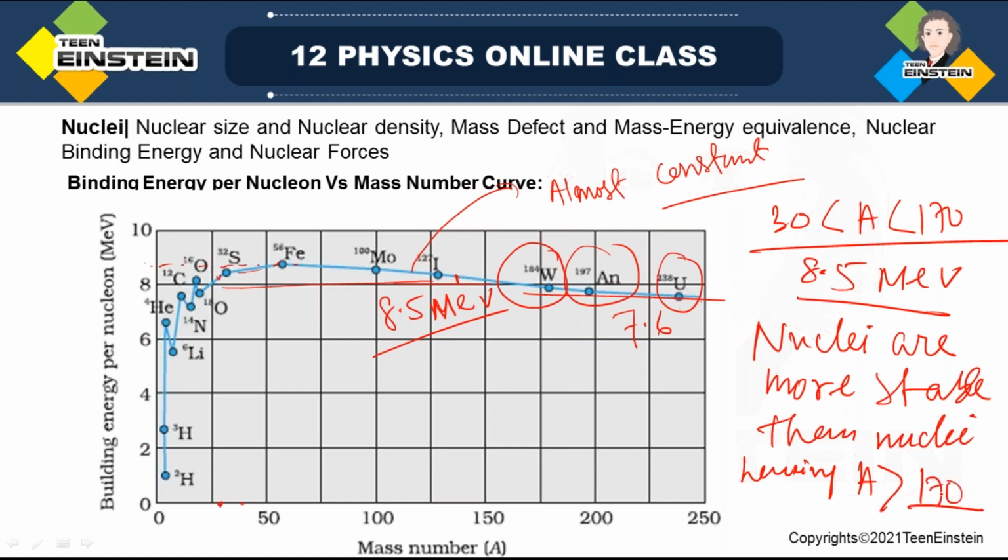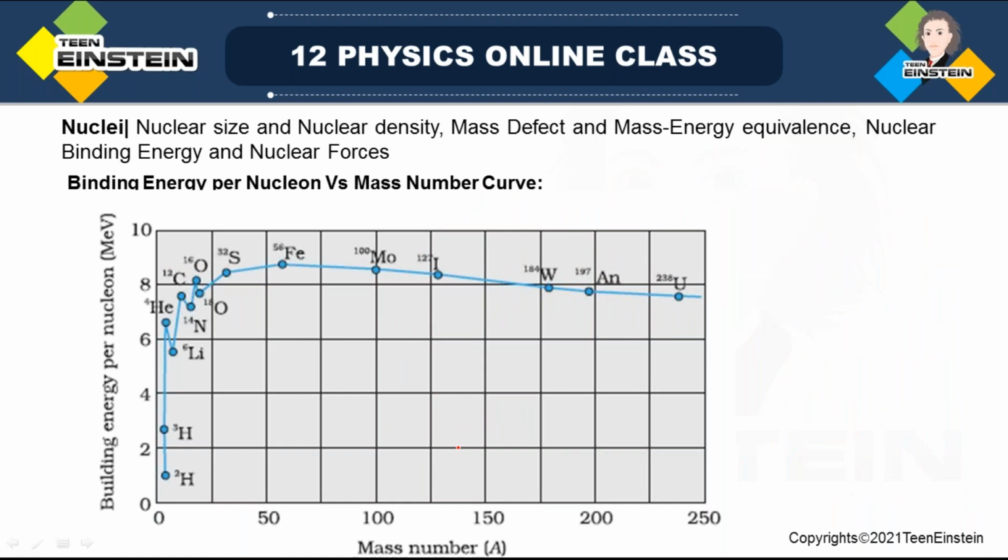Why? Because when the mass number is increasing, that means the number of neutrons and protons also increases. Since protons have electrostatic repulsion, when the number of protons becomes very large, that nucleus becomes unstable. They become radioactive, that means they spontaneously disintegrate. And we can see that the maximum binding energy is for iron.